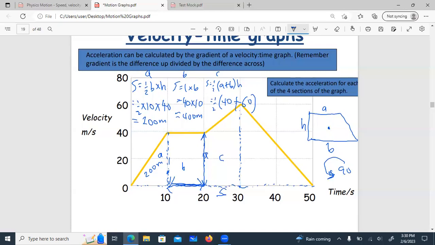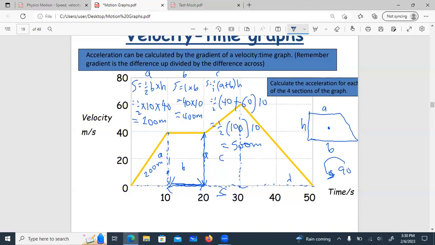Our H, that's the height, is 10. So you put 10 here. Now let's go. We have half open bracket, 40 plus 60 gives us 100. Close the bracket, multiplied by 10. Half multiplied by 100 multiplied by 10 gives us 500 meters. So at C, our distance is 500 meters.